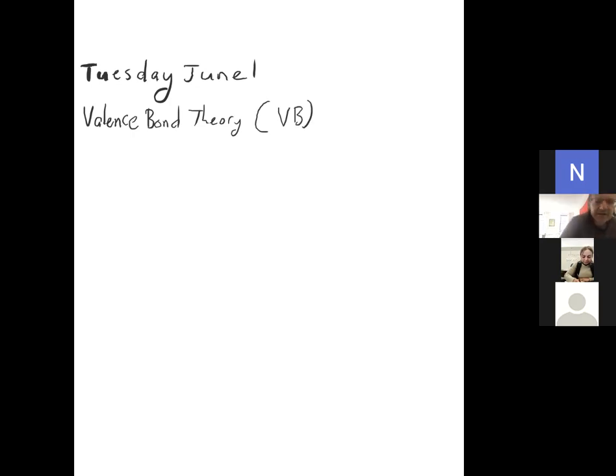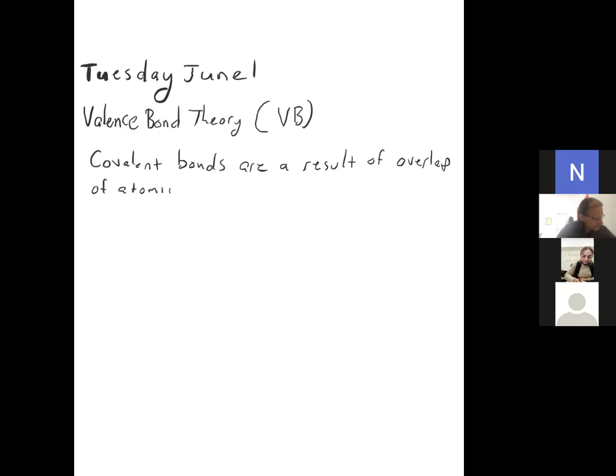Okay. Valence bond theory, in a sense, we've been kind of doing it a little bit with our Lewis structures. Lewis structures lead directly into valence bond theory. Valence bond theory is based on the following idea, that we're talking about covalent bonds. Covalent bonds are a result of the overlap of atomic orbitals from different atoms.